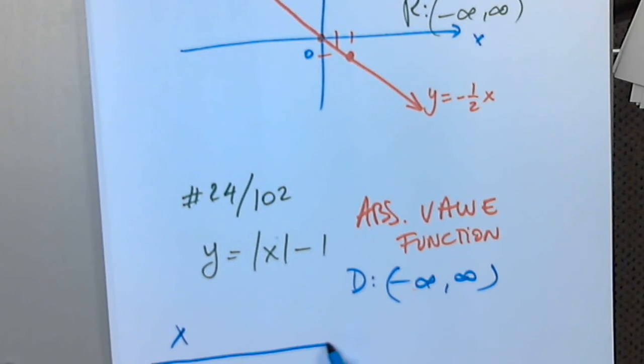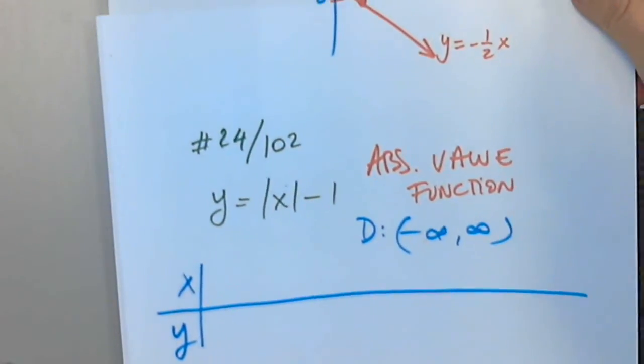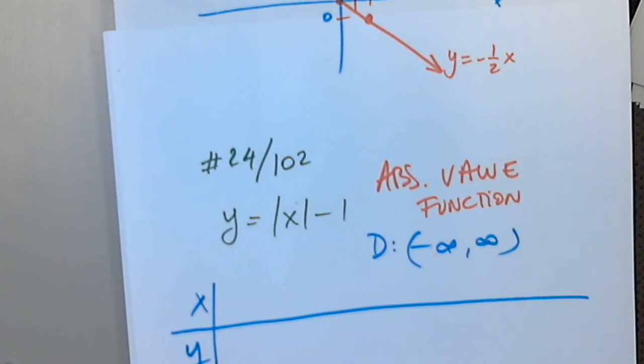I recommend a horizontal chart, not a vertical chart, only because x is on the x-axis. If you prefer a vertical chart, go ahead and use a vertical chart. All I want you to do is compare my method to another method that you know or another method that you read about in the book.